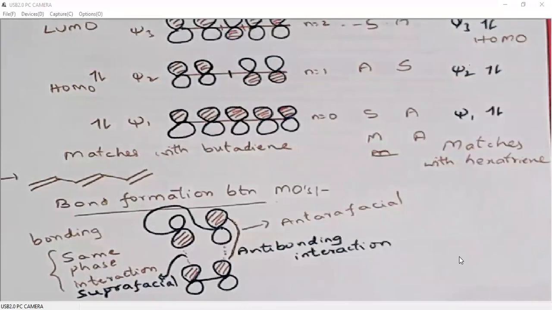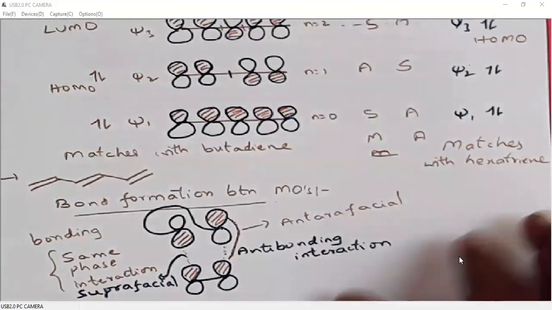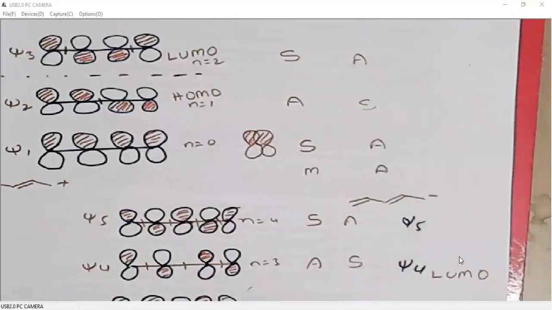Now we will see the reactions. First, we will see cycloaddition reactions.